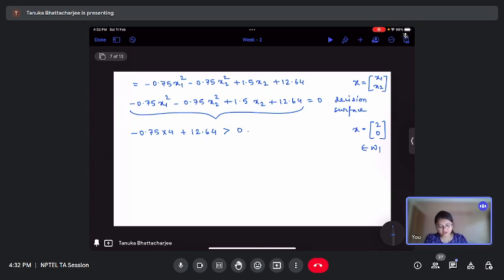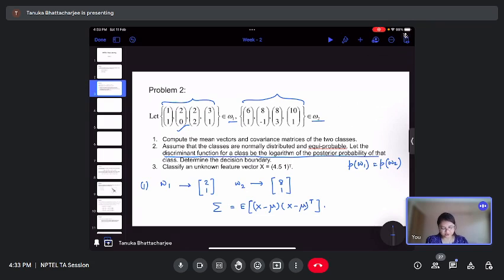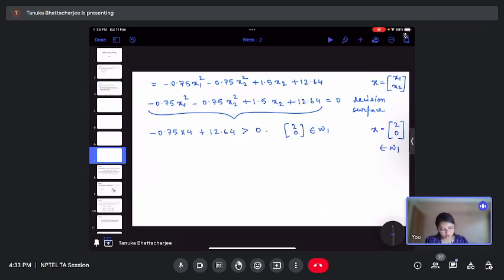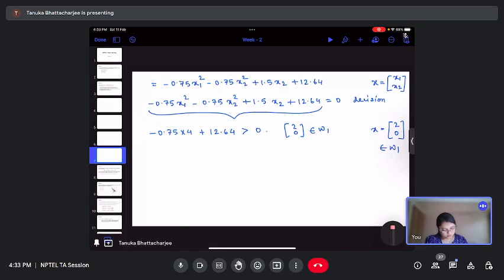So indeed this is the decision boundary, and sample 20 according to this boundary also belongs to class omega 1. Similarly, you can check with one example from the other set also. So this is how you compute the expression for the decision boundary. In this case it won't be a decision surface, since it's 2D, this will be a decision boundary.